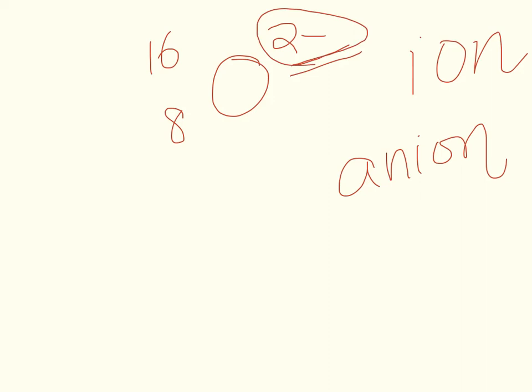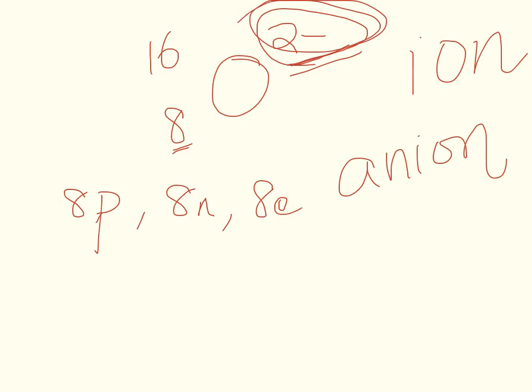So originally this oxygen contained 8 protons and 8 neutrons and 8 electrons, but this is a 2 minus, right? What does 2 minus mean? 2 negative charges have been added to this. That means 2 electrons have been added to the neutral species.